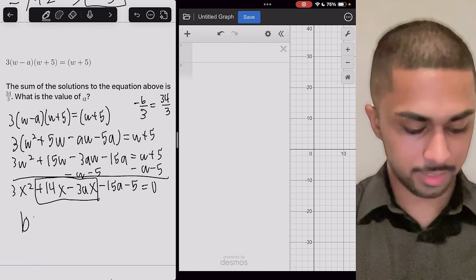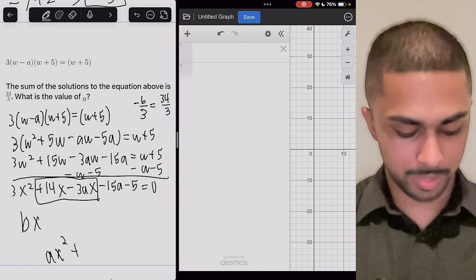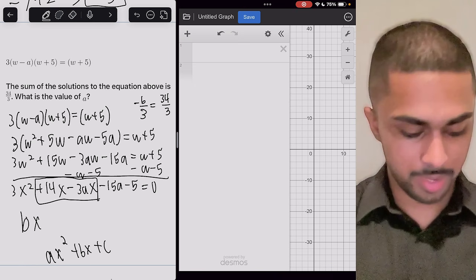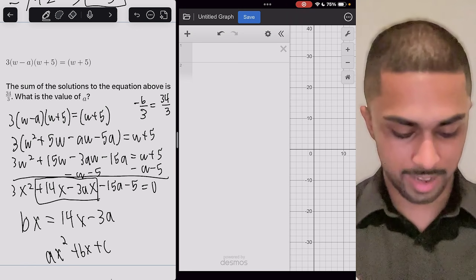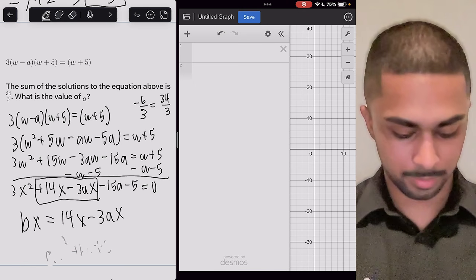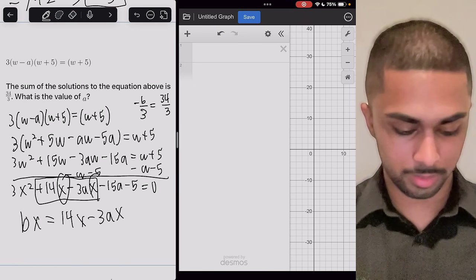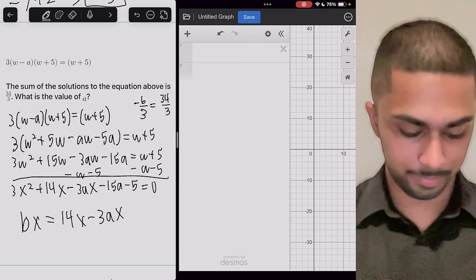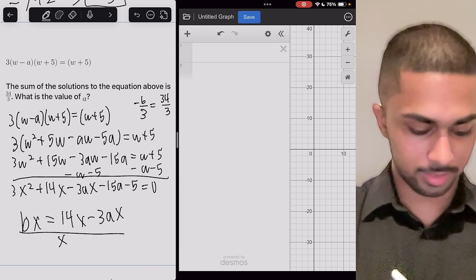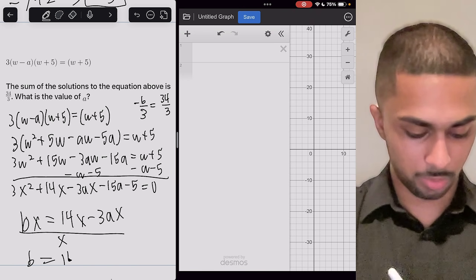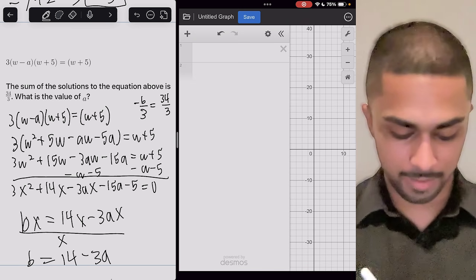So bx in ax squared plus bx plus c would equal 14x minus 3ax, because those are the x terms. These are the only terms that have x in them. And we can divide this entire thing by x to get b equals 14 minus 3a.